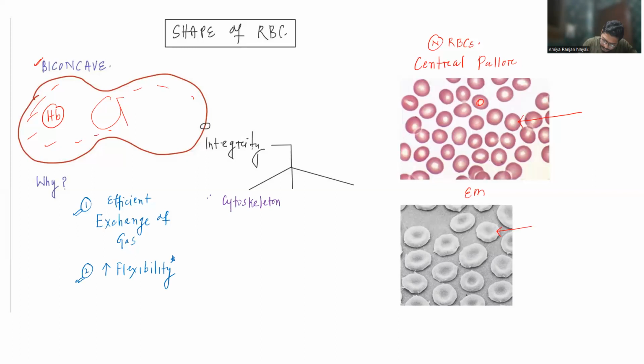The cytoskeleton is the most important factor which helps in maintaining the integrity of the RBC membrane. We'll discuss more on this when we discuss the hemolytic anemias caused by RBC membrane alteration, for example, hereditary spherocytosis.